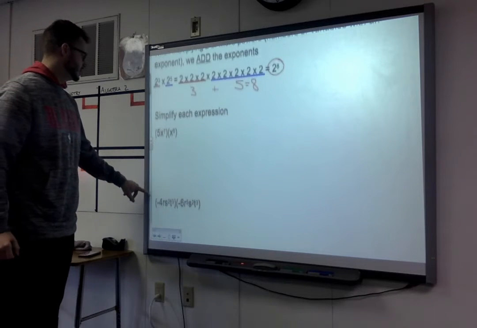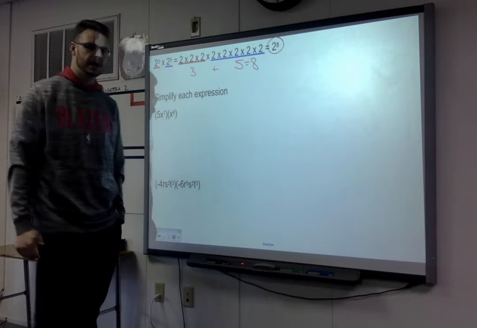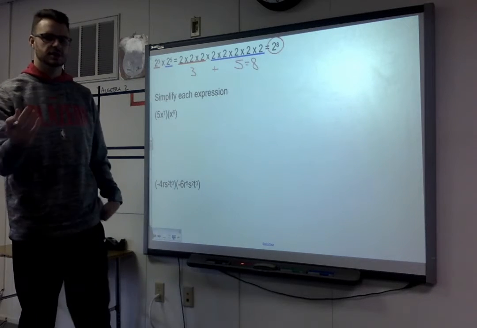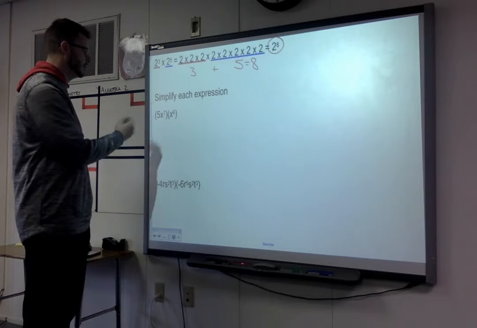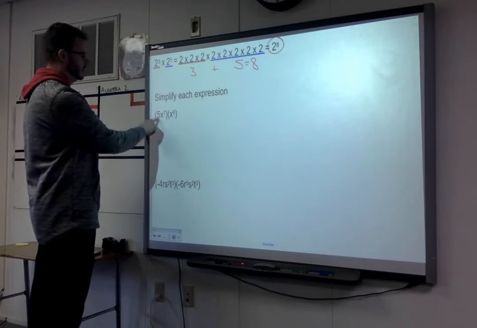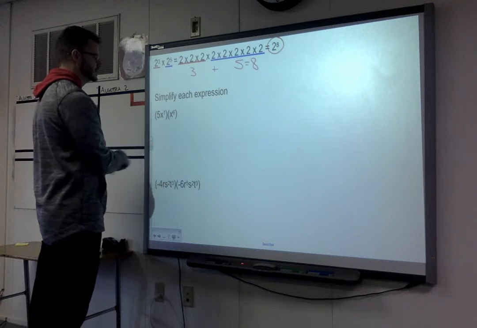So if we take a look here, simplifying the expression. Now, what we want to do when we're multiplying monomials: first, you want to look at the numbers, the coefficient, the number in front. And you want to multiply those coefficients. So here we've got 5 times x to the 7th times x to the 6th.